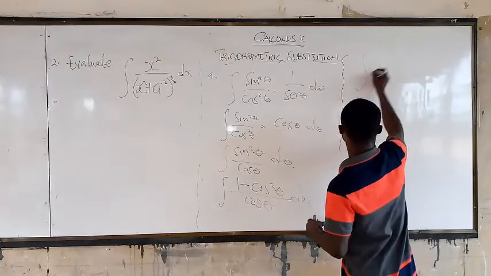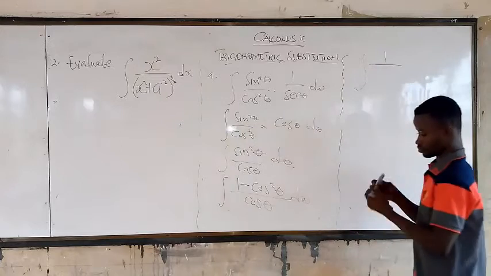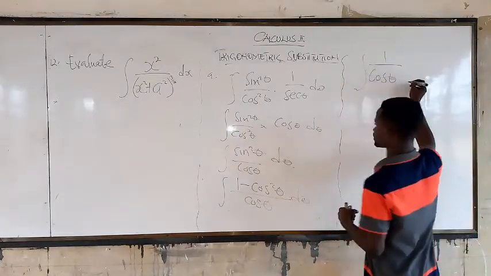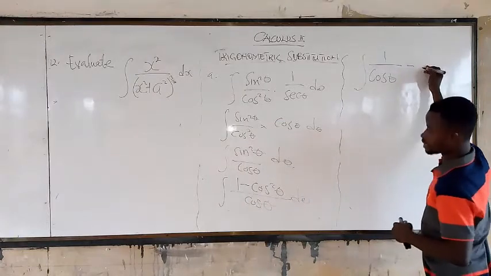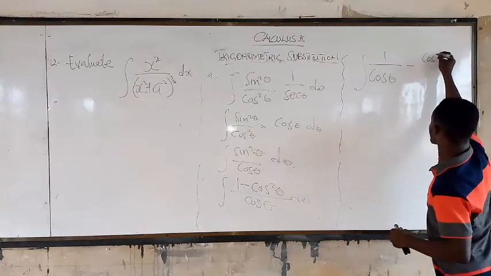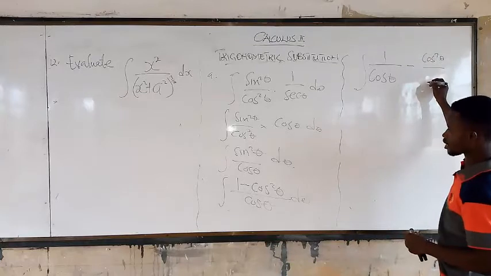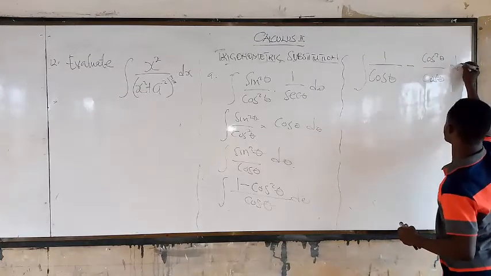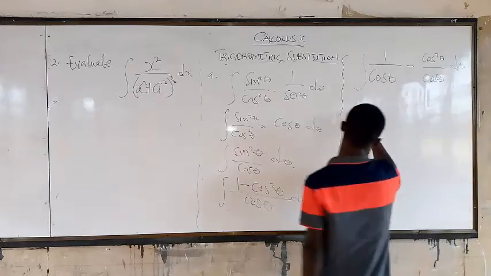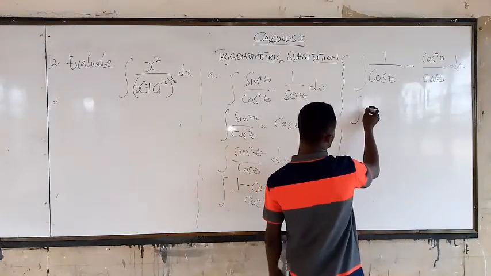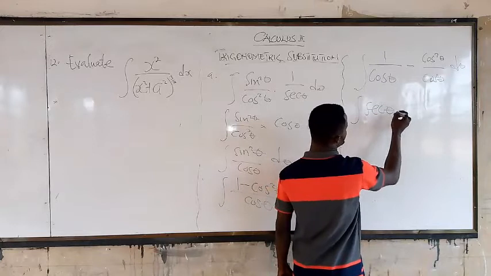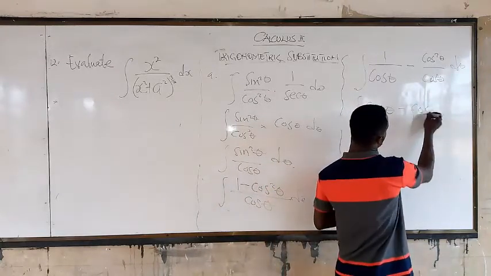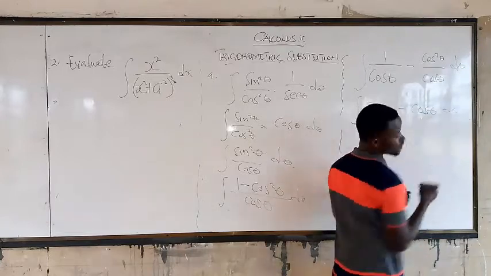So we get the integral of 1 over cos theta minus cos squared theta over cos theta d theta. Here we get sec theta minus cos theta d theta.